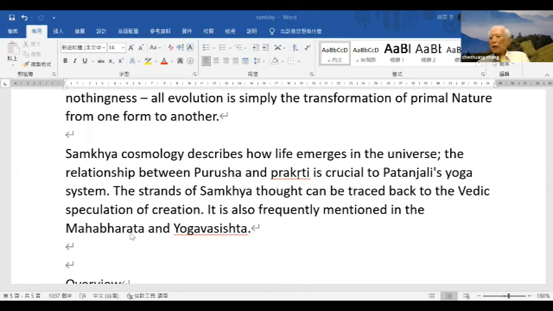In the Mahabharata, we know there is a famous book called Bhagavad Gita. Bhagavad Gita is very famous. Bhagavad Gita belongs to Hinduism. The most important scripture or canon of the Mahabharata is the so-called Bhagavad Gita. In Buddhism, we refer to Bhagavad as the Buddha or the Bright One.